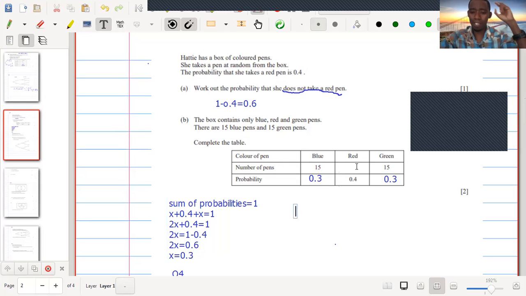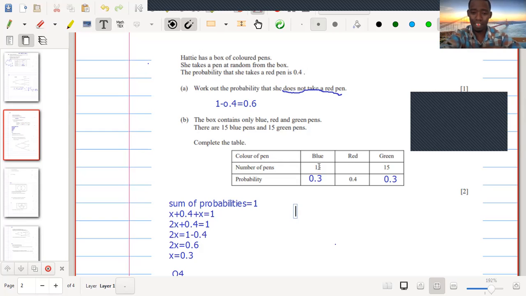Remember, the sum of all probabilities must add up to 1. That one we know. And how do we find probability? To get probability, we take the number of favorable cases over the total possible outcomes, right?